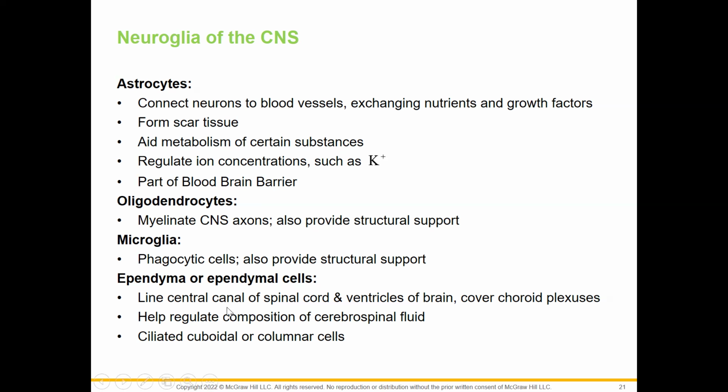So they line the structures where your cerebrospinal fluid will flow, and then they help to basically make the cerebrospinal fluid. Ependymal cells will be ciliated cuboidal or columnar cells. I know that ciliated cuboidal is not a structure that we've seen before, but do know that it can exist, and one place that it can exist is in the ependyma.